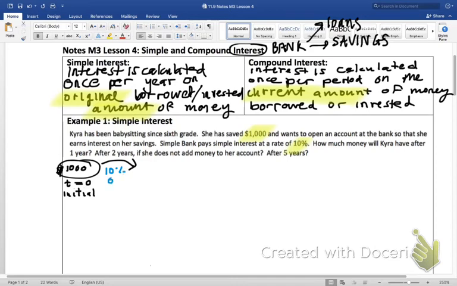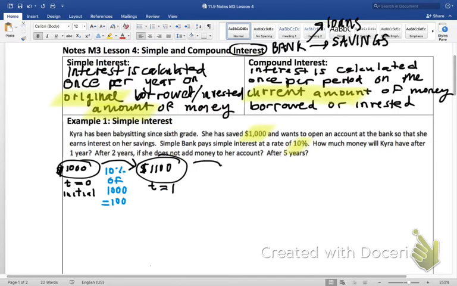Her original amount was the $1,000, so it's 10% of $1,000, which is 1,000 times 0.1. That's $100. So we add 100 to 1,000, and we get $1,100 after a year. That would be t equals 1.